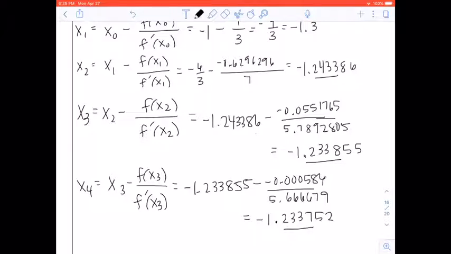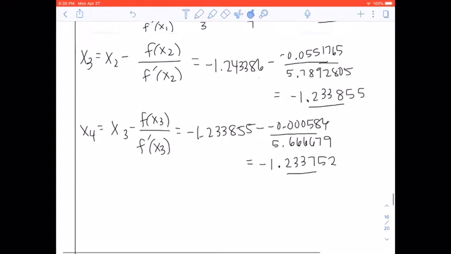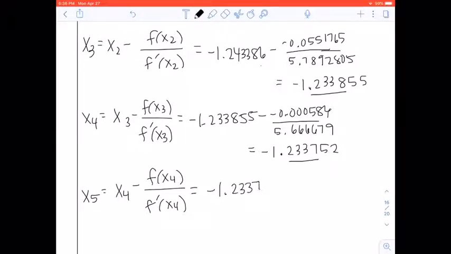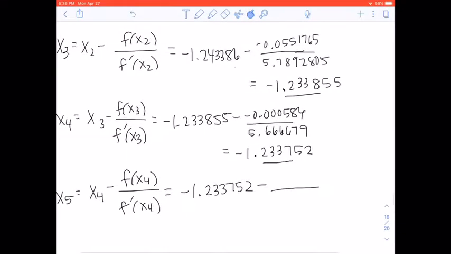Looking at those first 4 digits, not there, but it looks like the first 3 are there. Technically, if you were to round, it would be super close. The last digit would be a 9 on x3 and 8 on x4, so hopefully the next one gets us there. So we're going to go ahead and do this again. We have x5 equal to x4 minus f of x4 over f prime of x4, equal to, I'm going to copy down x4, minus substituting that value into my function and also into the derivative.